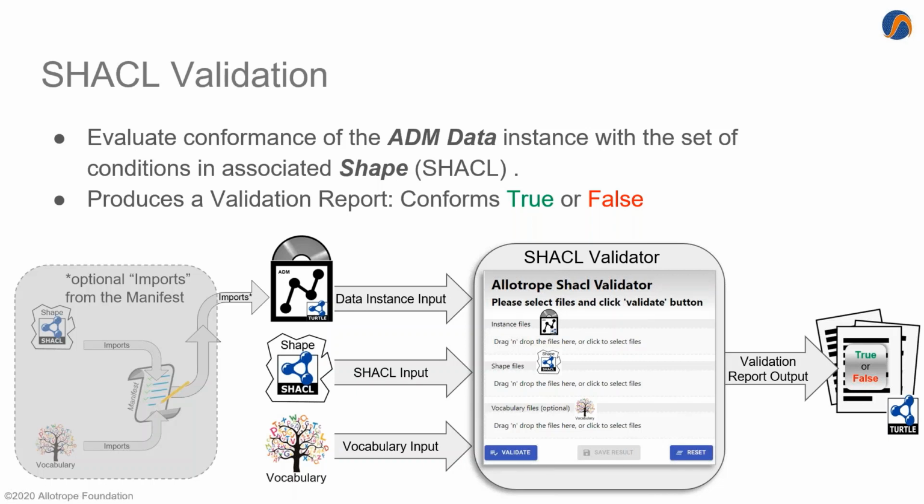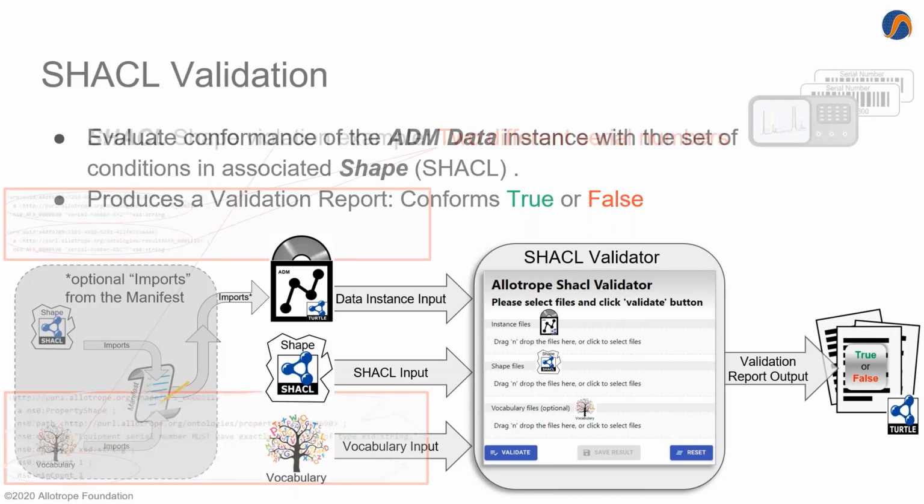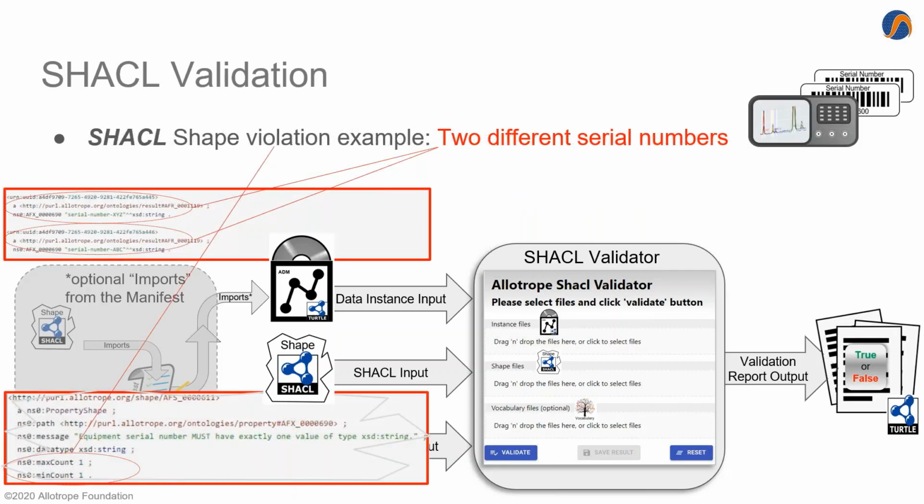And let's do an exercise again with our serial number. We will plug in the shape file with a minimum cardinality of 1 and a maximum cardinality of 1, which means exactly 1 for the equipment serial number. And we'll plug in a data instance file where we will violate it, and we will use two serial numbers.